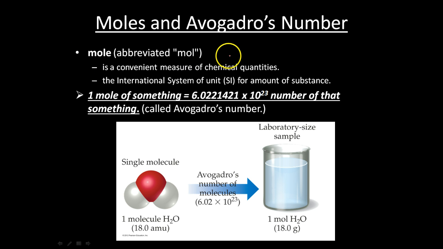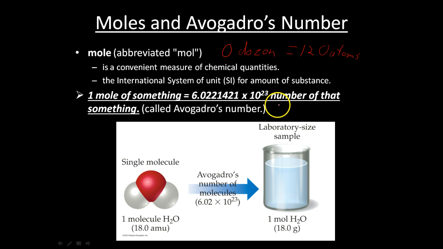Now, a mole is a number very similar to a dozen. So when we say we have a dozen something, say we're talking about oxygen atoms, if we have a dozen of these, what we're saying is that we have 12 oxygen atoms. Okay? If we have a mole of these, what we're saying is that we have 6.0221421 times 10 to the 24 atoms of oxygen.